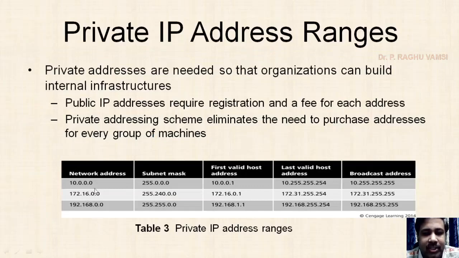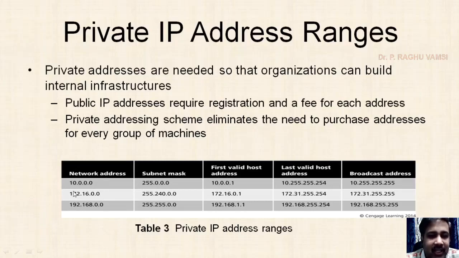So whenever you use this networking, the subnet mask will be used like this. Take 10.0.0.0 with 255.0.0.0 as the subnet mask. Then the starting address of this network is 10.0.0.1. This is the starting address.